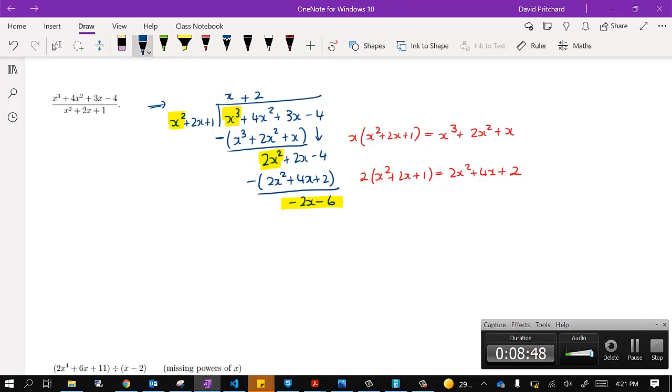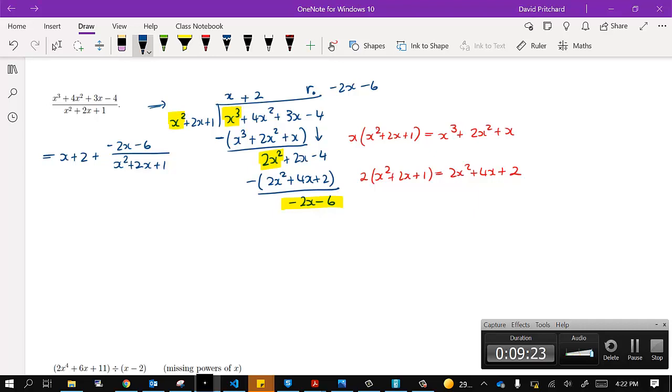So our remainder is negative 2x take 6. That means our answer is x plus 2, and we've got negative 2x take 6 over our divisor, which is x squared plus 2x plus 1. So we weren't able to divide negative 2x take 6 by our x squared plus 2x plus 1.